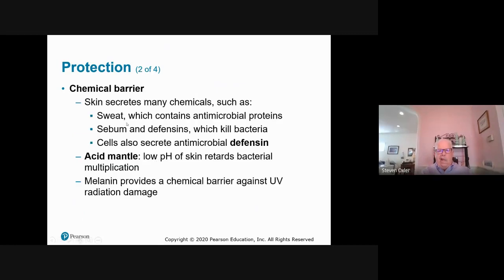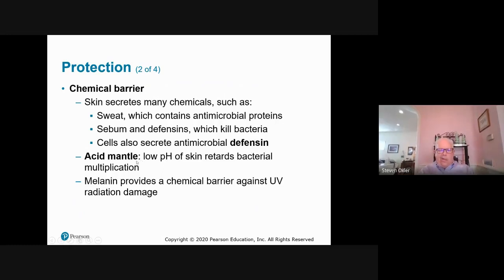The chemical barrier. The chemical barrier is because skin secretes chemicals. It secretes sweat. We talked about sweat already. And sweat contains antimicrobial proteins. It also secretes sebum, which kills bacteria. It also secretes an antimicrobial enzyme called defensin, which also kills bacteria.